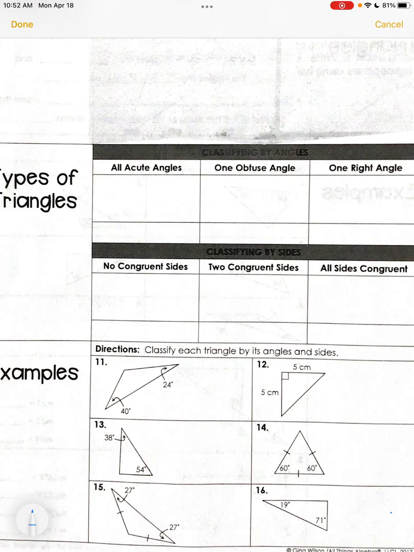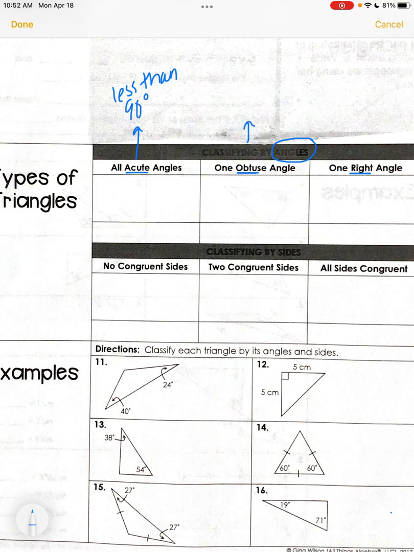We could classify triangles by their angles. Okay, and we learned last unit we have acute angles, obtuse angles, and right angles. So remember, acute angles are less than 90 degrees.